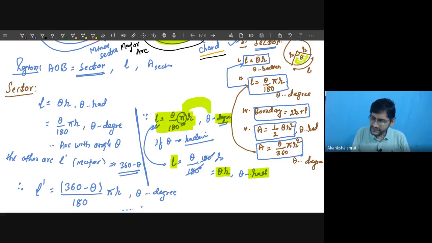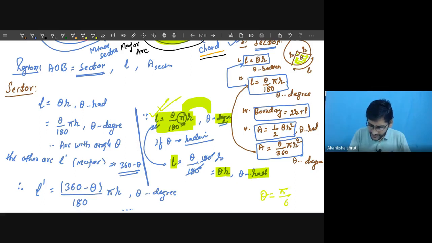If theta is given in radian and you want to use the first formula, then you first convert that theta into degree. Last time I took theta as pi by 6.